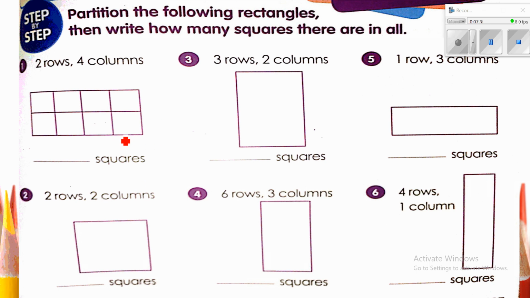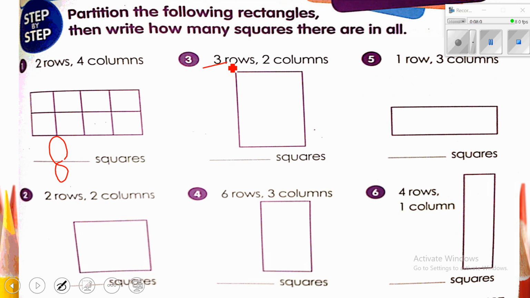Let's do it. After here they did it for you, I just have to count 1, 2, 3, 4, 5, 6, 7, 8. So the answer is 8. Here, I have to make it with my ruler, but before doing that, I have to minus 1. Some of you make mistakes.